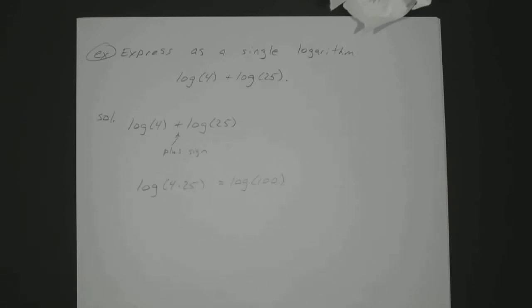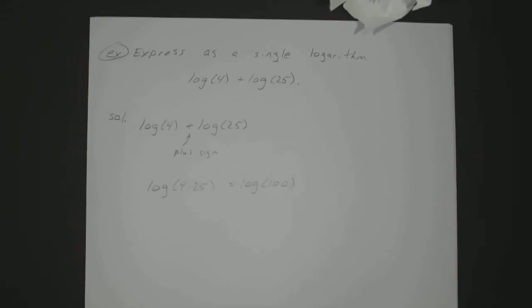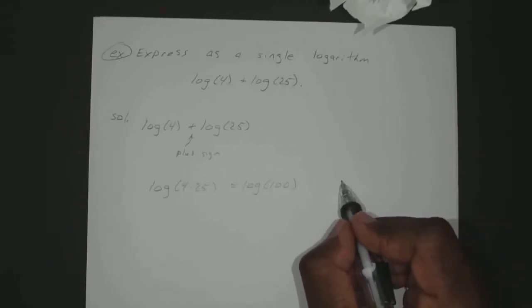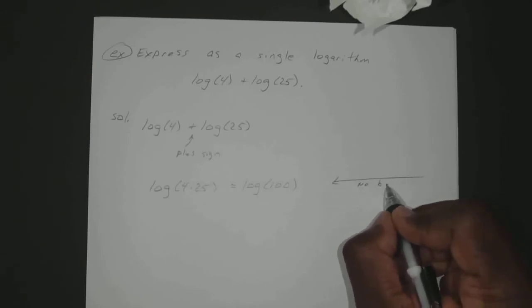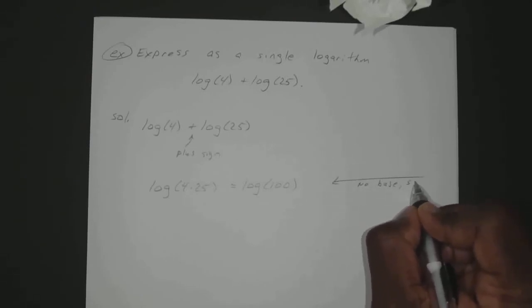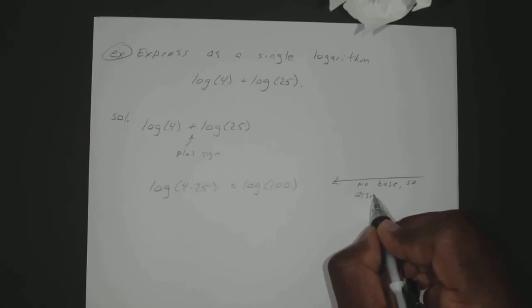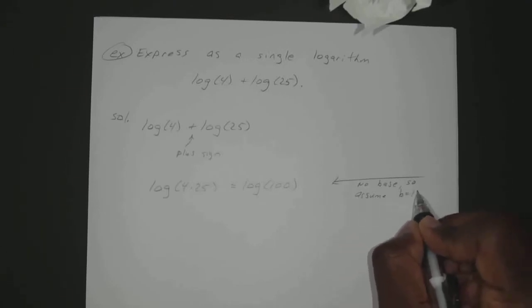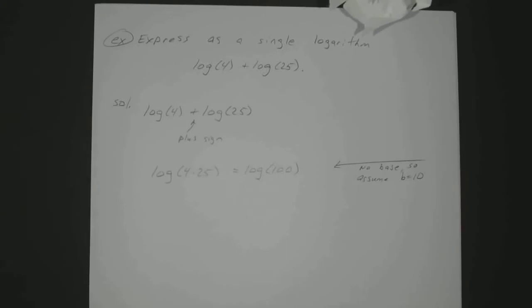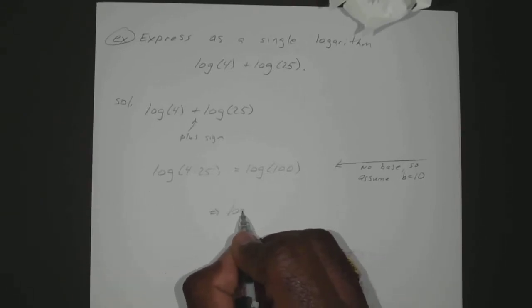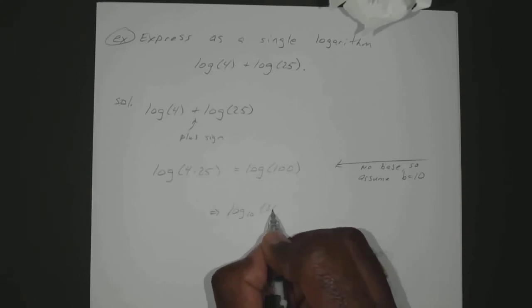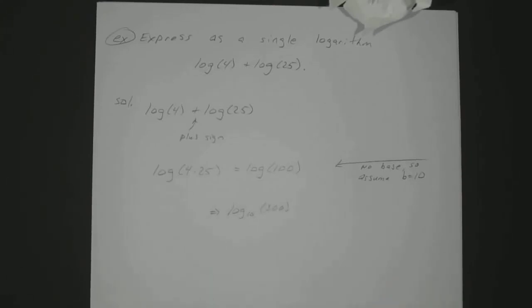Now, if you remember, whenever there's no base, you automatically assume the base is 10. So no base, assume that b equals 10. That means you can rewrite this as log base 10 of 100, which can be simplified.